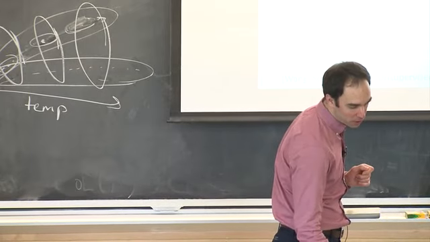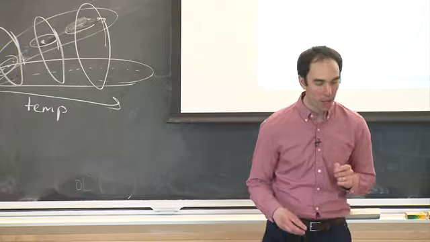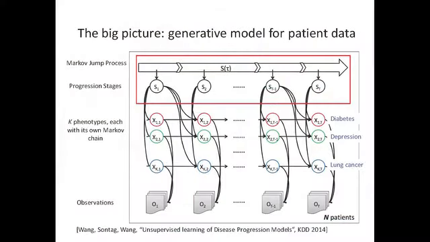The general approach is going to be to build a generative model for disease progression. At a very high level, this is a Markov model.